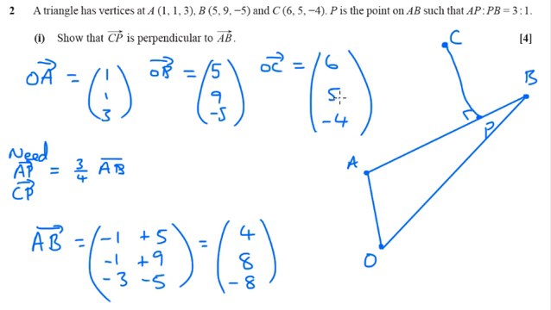So we've got the vector A to P. It would be useful to have the position vector for P. So let's write that down as well. How are we going to work out O to P?